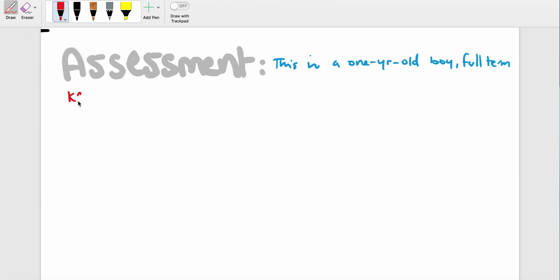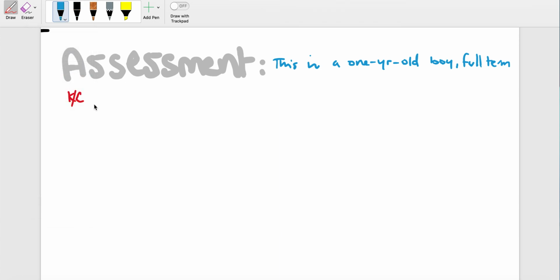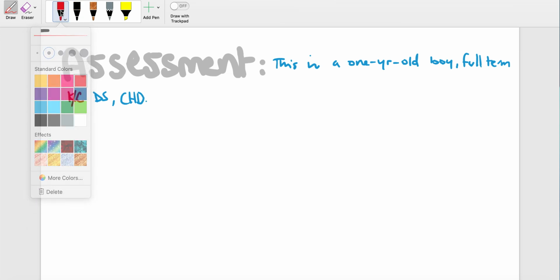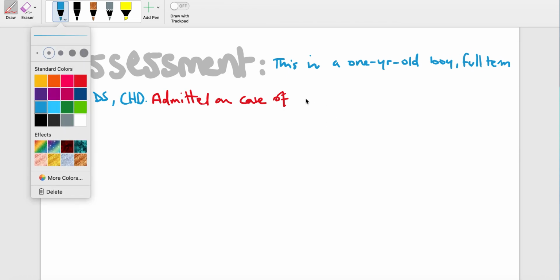So known case of Down syndrome, congenital heart disease, I'll abbreviate the words. And then you will write down the common word: admitted as case of pneumonia.